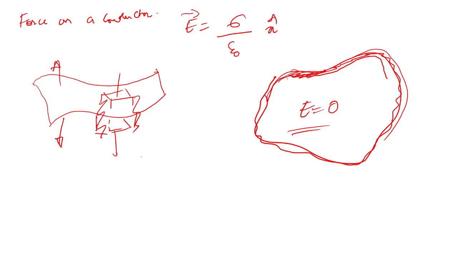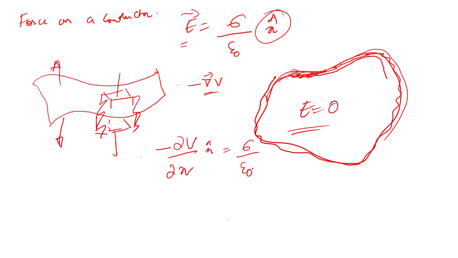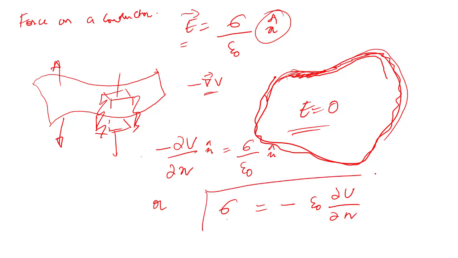Now we know that E is equal to minus the gradient of V. So in this case, we have the n vector. So the gradient of V is essentially dou V by dou n along n, and minus dou V by dou n along n is equal to sigma by epsilon naught n, or sigma is equal to minus epsilon naught dou V by dou n.